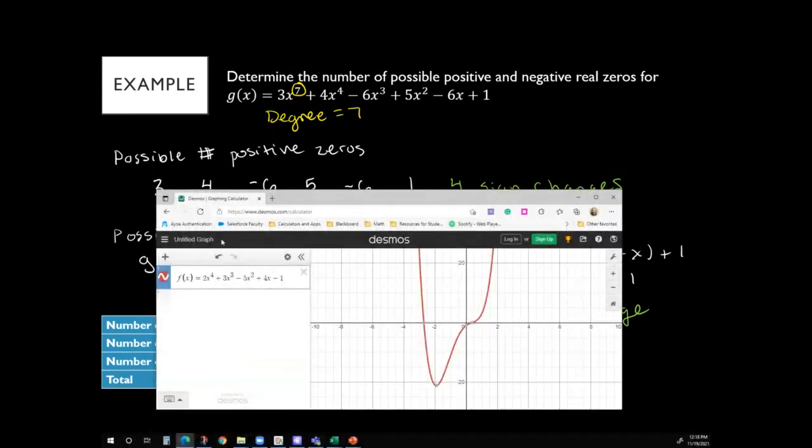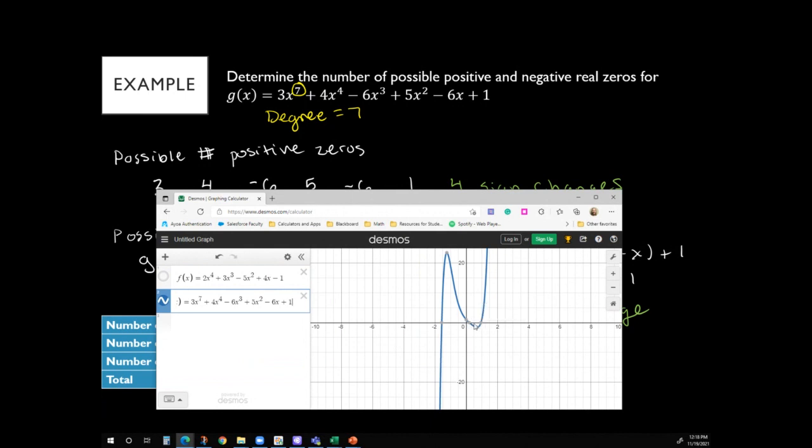So I can go back to Desmos and graph this. We've got g of x equals 3x to the 7th plus 4x to the 4th minus 6x cubed plus 5x squared minus 6x plus 1. Okay, so you can see only 1 zero is on the negative side.